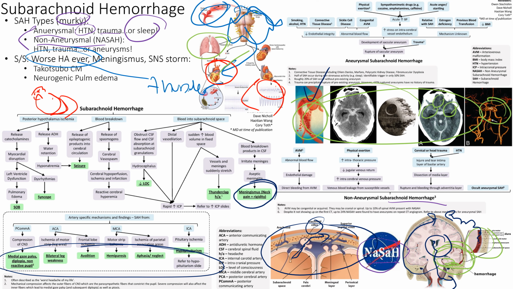You got photosensitivity, nuchal rigidity, right? You got Brudzinski's and Koenig's sign. You have all these classic things with meningitis. And also, is ALOC there? No, we're talking about the meninges itself being irritated, and it can make you not perfectly alert. Okay, so that's the idea behind non-aneurysmal versus aneurysmal, and we talked about that back with hypertension.